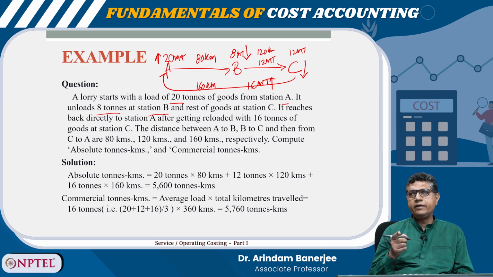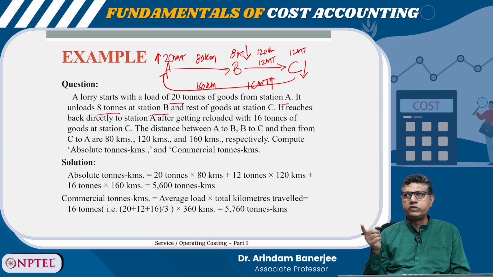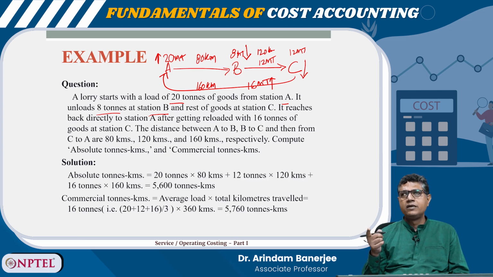So, at A it is loading 20 metric ton, then travels 80 kilometers to B, then unloads 8 metric ton there, right. The rest of the 12 metric ton it carries for 120 kilometers to C, and then it comes back to A, traveling 160 kilometers with a fresh load of 16 tons, right.